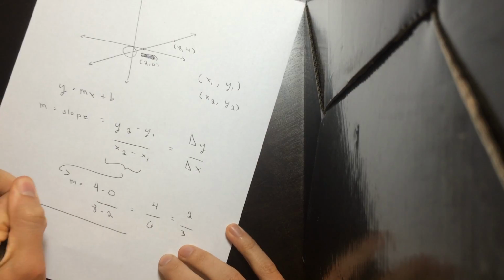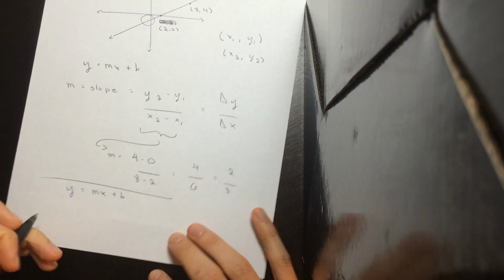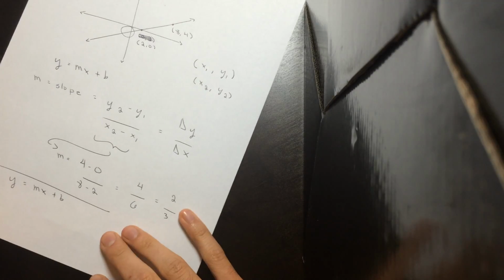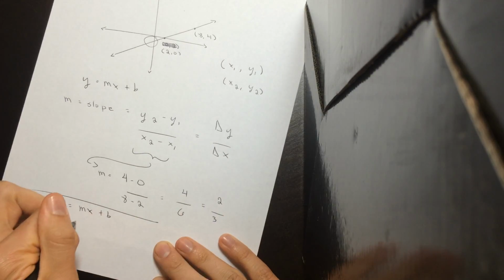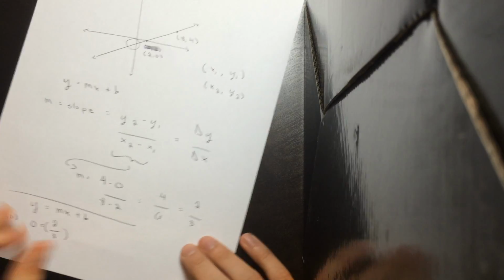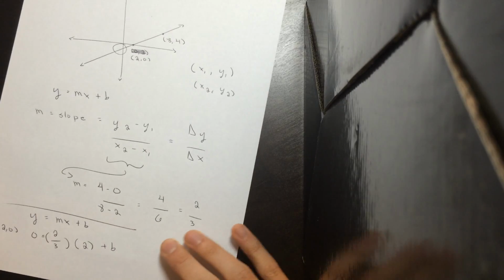So y is equal to mx plus b. I'm using the point (2, 0), so 0 is y. So 0 is equal to 2 over 3, which is my m value, times x, which is 2, plus b.